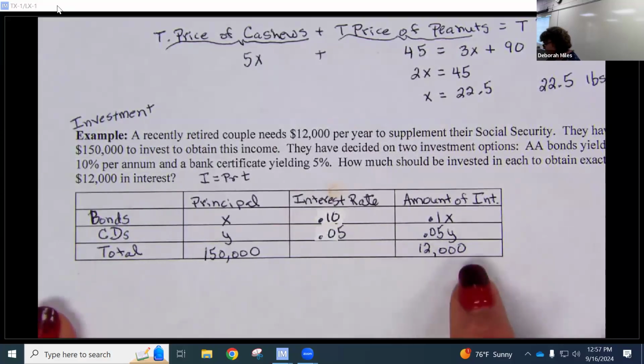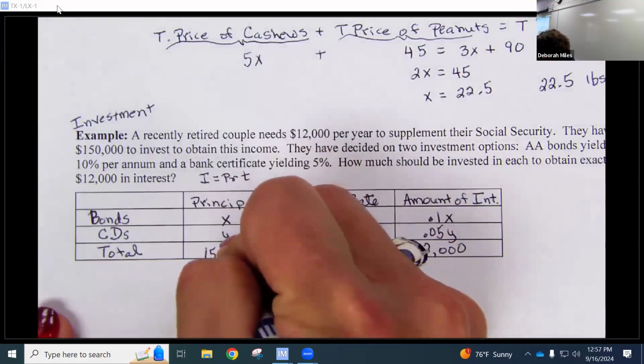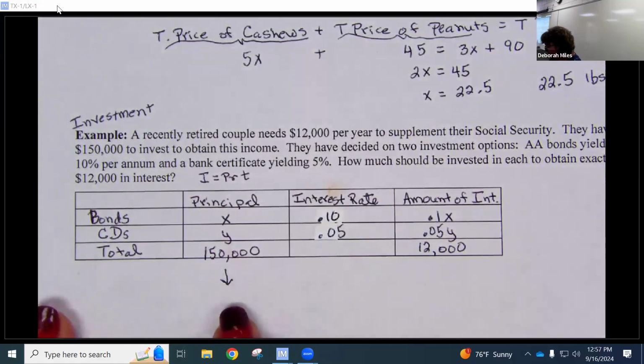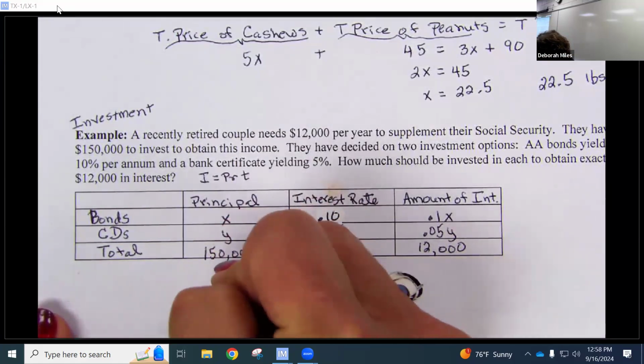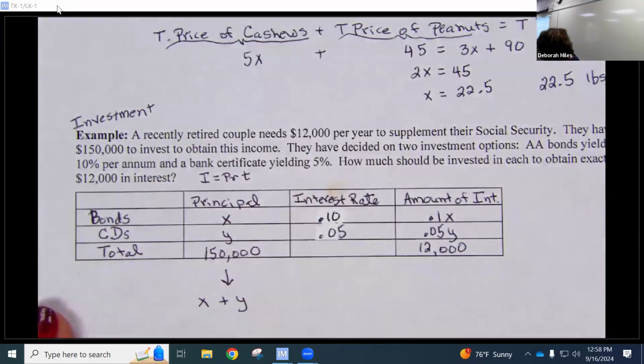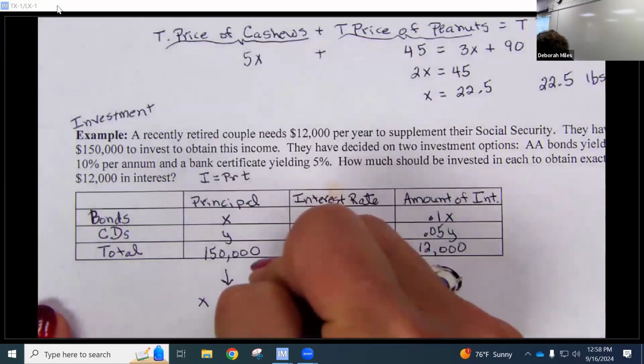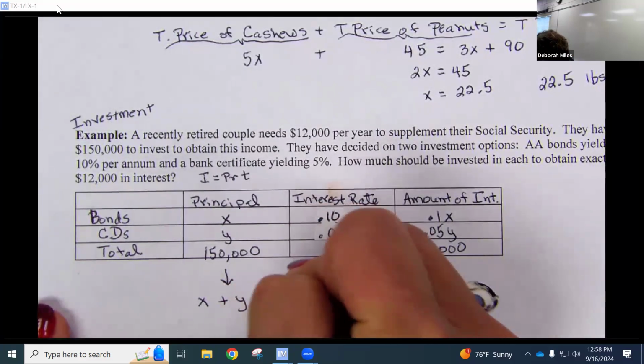If I use two variables, I have to use two equations. My first equation comes from that first column. Principal in bonds plus the principal in CDs equals my total principal.